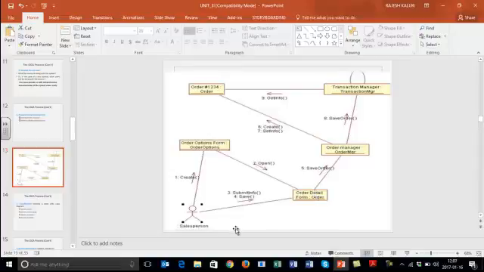So the salesperson is the actor, which is a main specific user, and then the order application, and then the transaction manager is there, who has some set of operations like getting information from the order, what kind of orders have been taken, or what kind of orders have been issued. So all those things will be checked by the transaction manager.